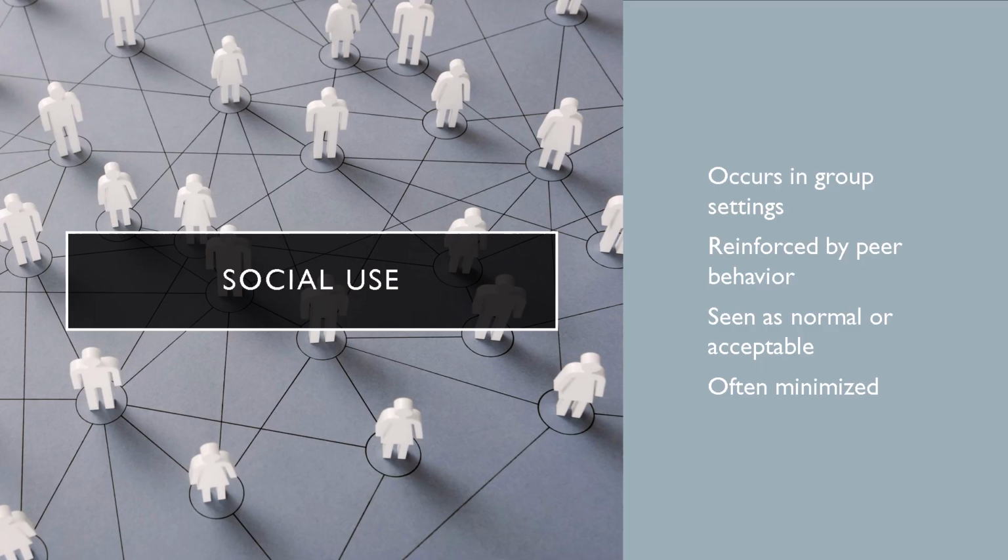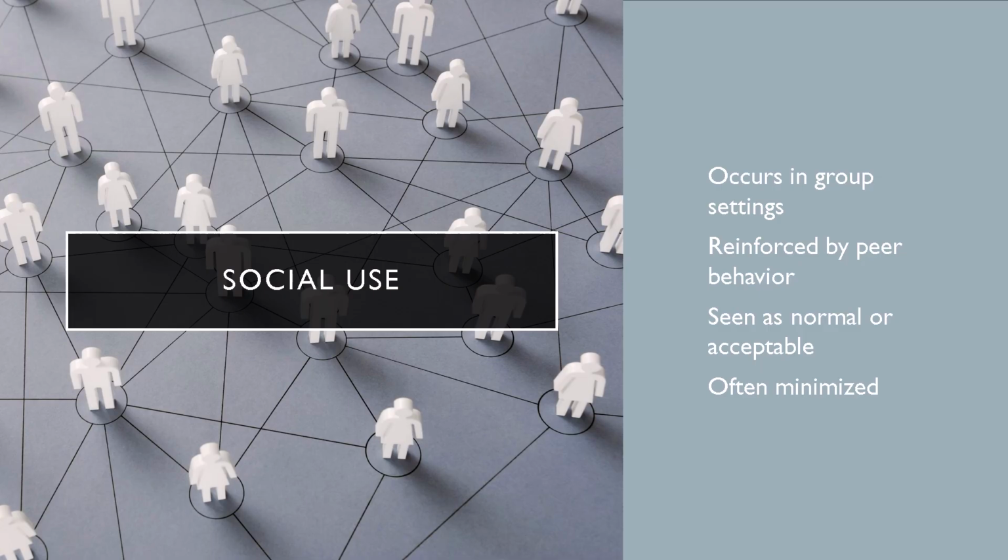If everyone around the person is using, it becomes normal and maybe even expected. That normalization can make it really difficult for people to recognize when their behavior is becoming problematic, because they're comparing themselves to other people around them and concluding that their use is not an issue because everyone's doing it. And this is where minimization often happens.